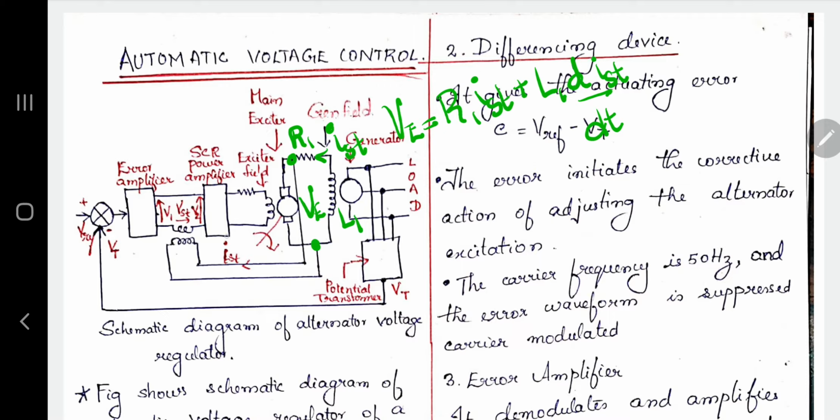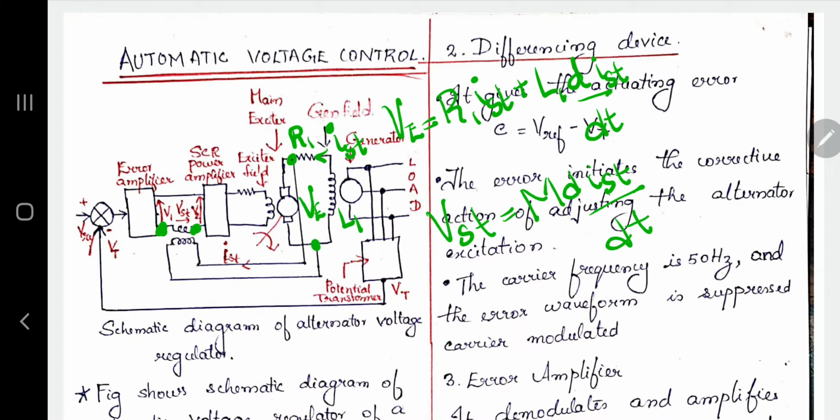Similarly, how can we represent the equation for VST? The equation for the stabilizing transformer VST can be written as M into dIST divided by dt. Why? Because it is mutually induced EMF. The current through this one is IST, and the voltage across this one will be M into dIST divided by dt.